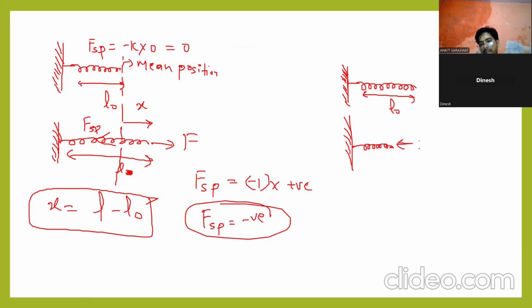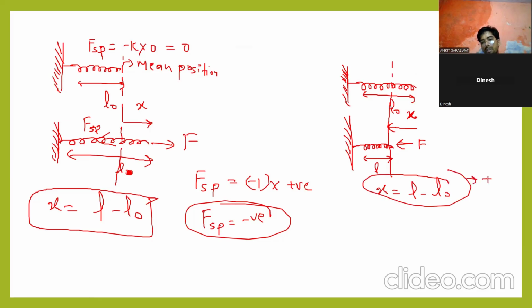When you apply an external force, this length will be L. If somebody asks how much the body displaces, you displace like this. How much? This X. You compress this much X, so X will be what? L minus L0, and it comes out to be negative. That is why I have drawn it negative, to the left.